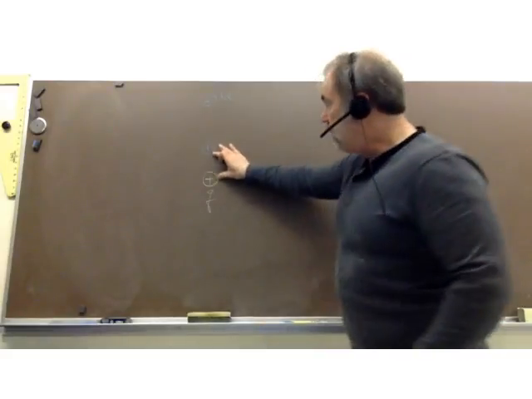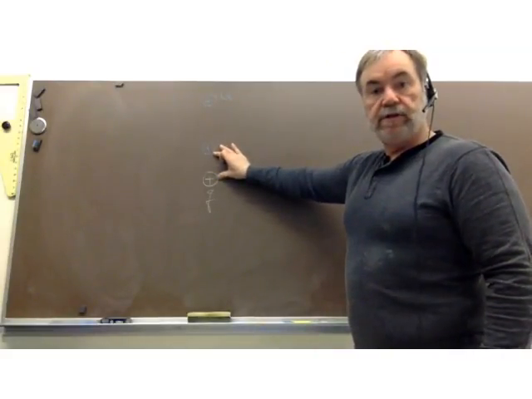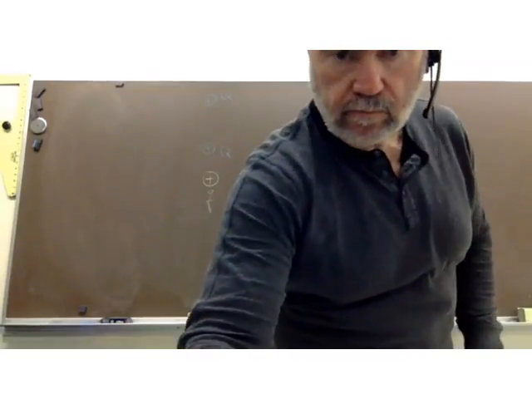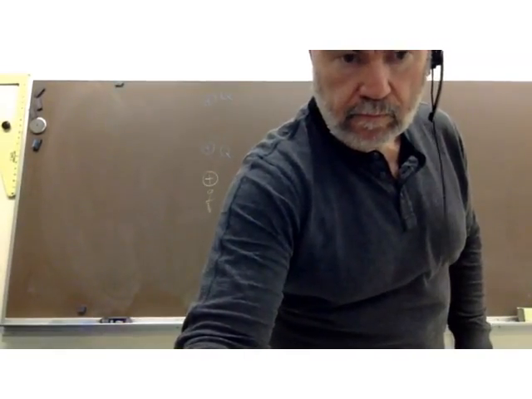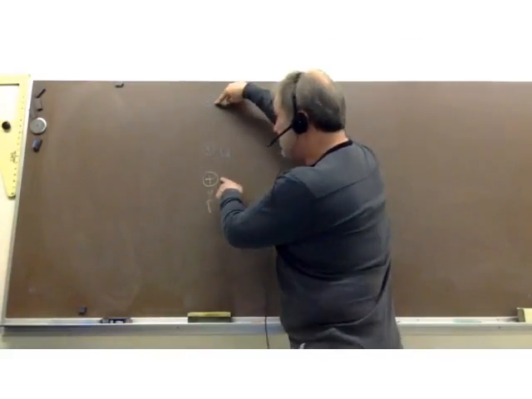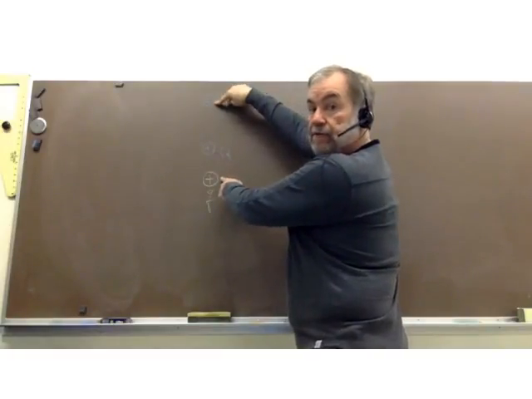In the previous lecture, I called this distance r sub 0. I called this distance r sub f, r final.